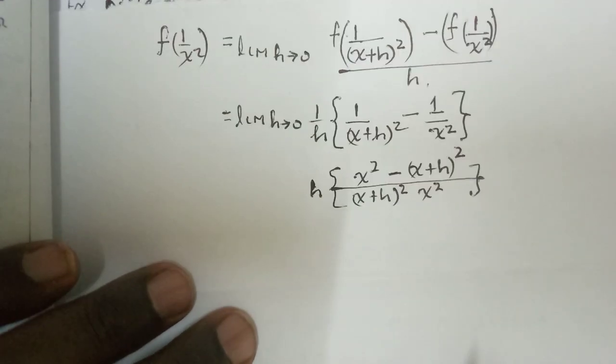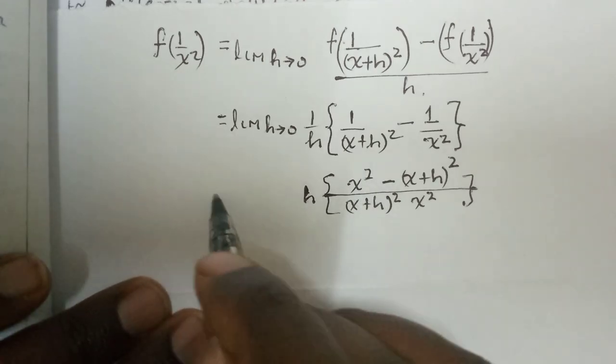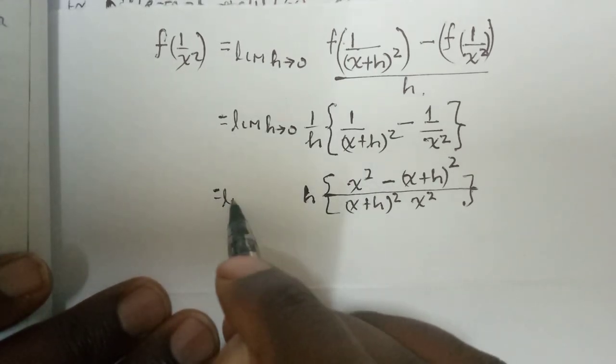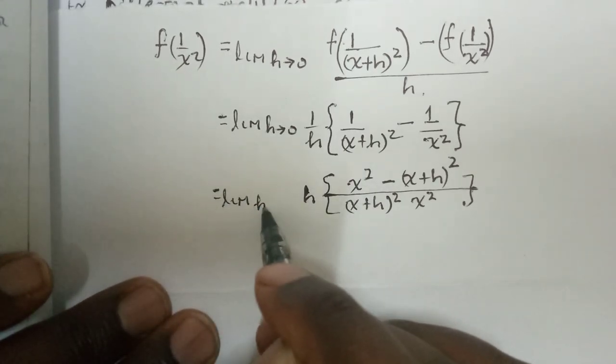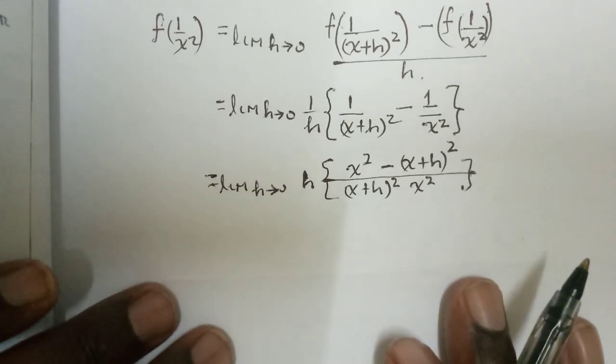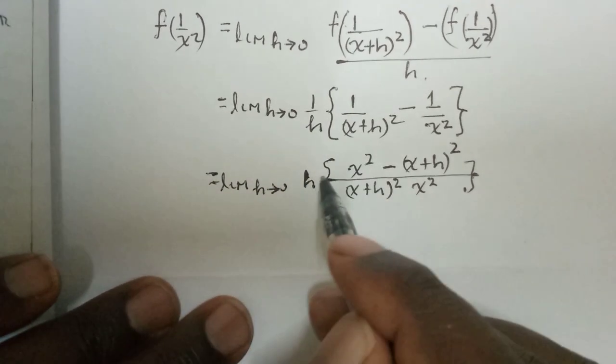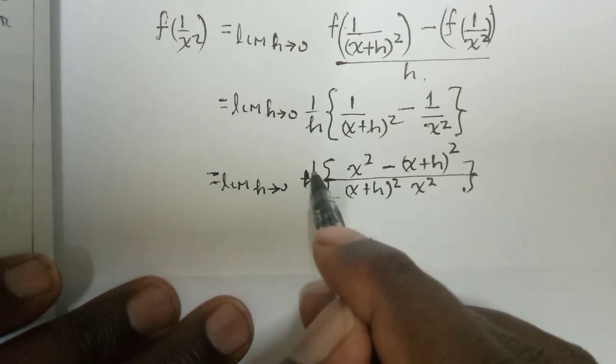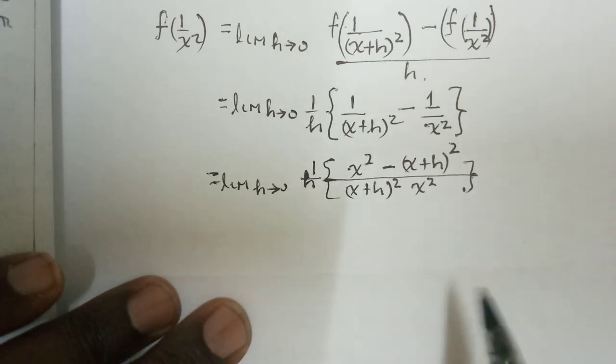So we continue. Note that the limit is still there. Limit as h tends to 0. Now from there, this one is 1 over h. And so we continue.